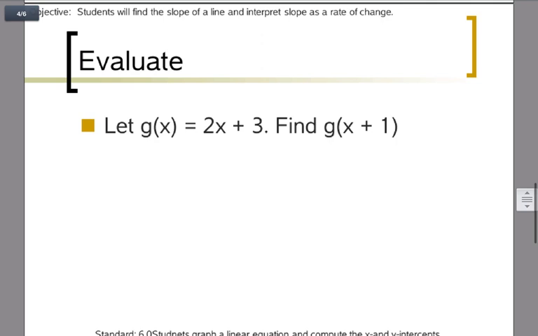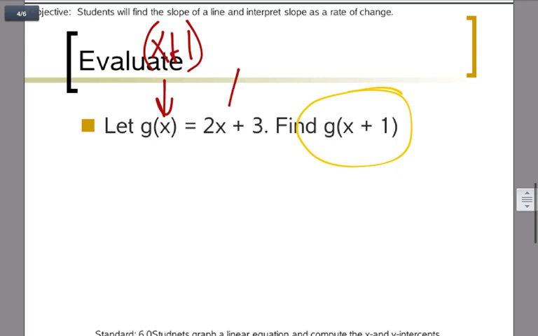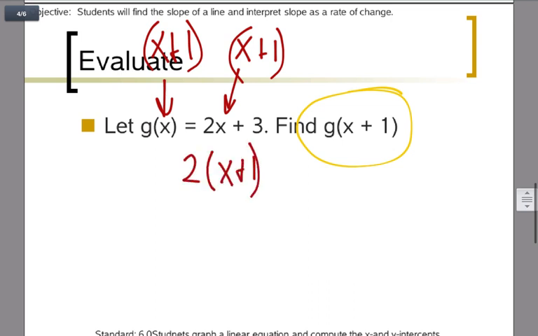And then it says find g of x plus 1. So I got to do a little bit more work, which means that wherever there was an x, I need to put an x plus 1 in parentheses. A little bit more complicated. So that will rewrite this to be 2 parentheses x plus 1, close parentheses, plus 3. As you can see here, the x got replaced by this group of x plus 1.